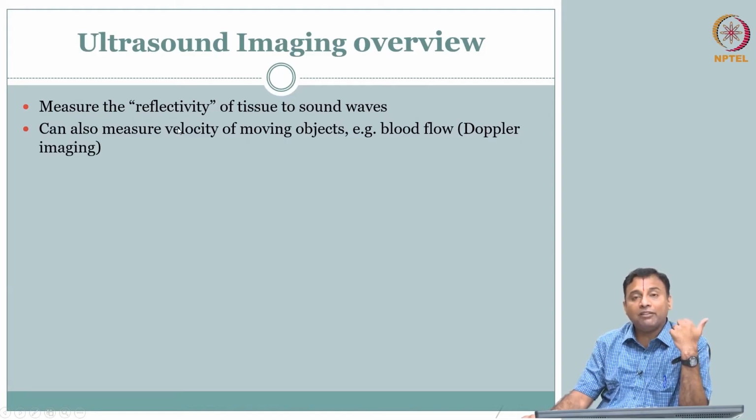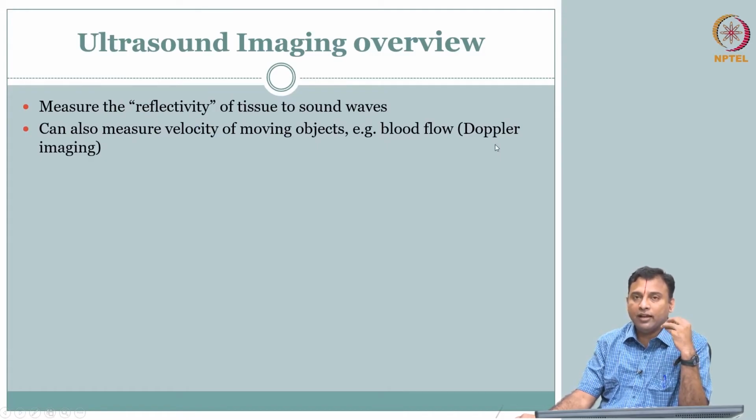Here in ultrasound, it gives you an additional handle. It can also measure the velocity of moving objects. What is moving inside the body? Mostly blood, right. So, we want to see blood flow. Can we visualize the velocity of blood flow, the distribution of the velocities? These are very powerful aspects, right? So, ultrasound gives you a view using what we call the Doppler principle.